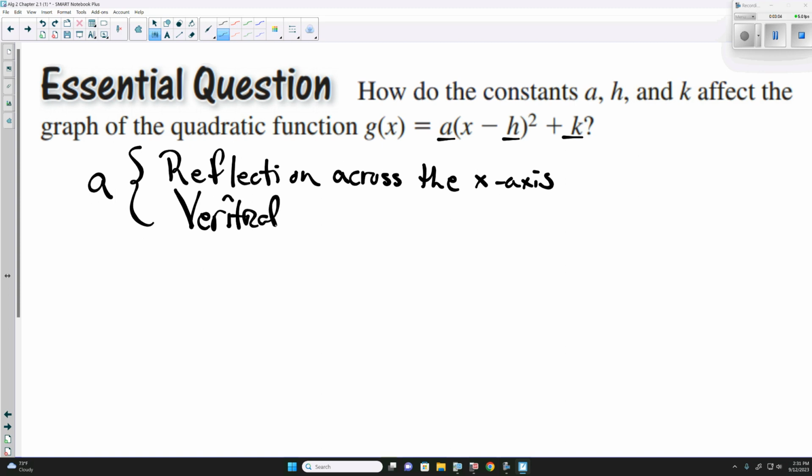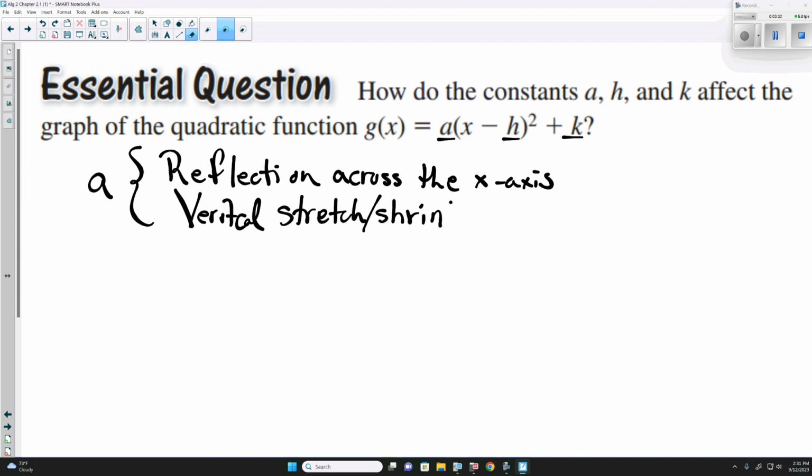vertical stretch or shrink. Because it's going to be a vertical stretch or shrink.